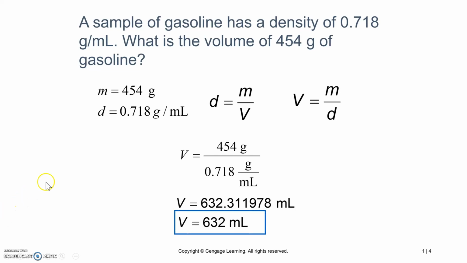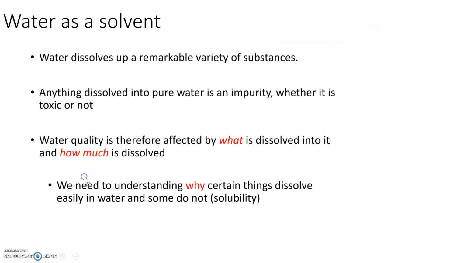If we work out this calculation, it's telling us that 454 grams of gasoline would take up a volume of 632 milliliters. Density is something that we will look at with water. Again, as we said, the density explains why oil will float on top of water, and this is something we'll look at in class.